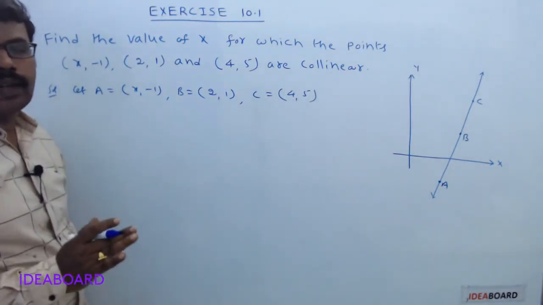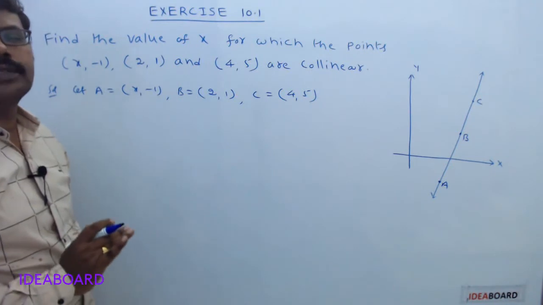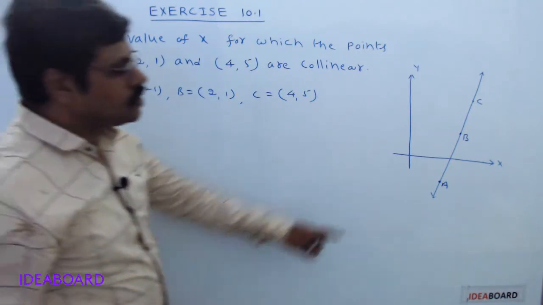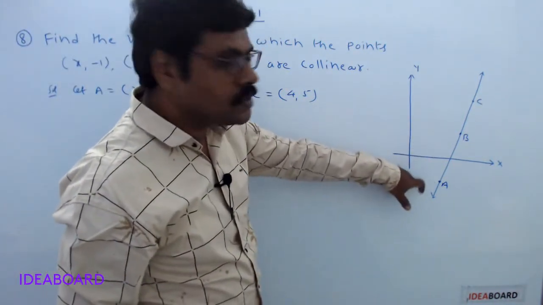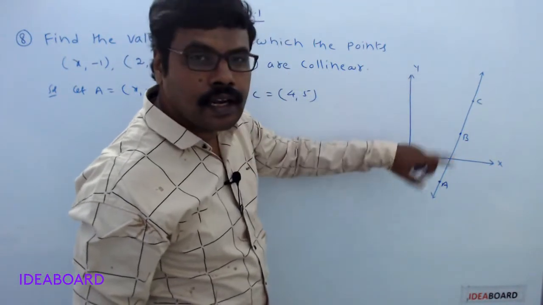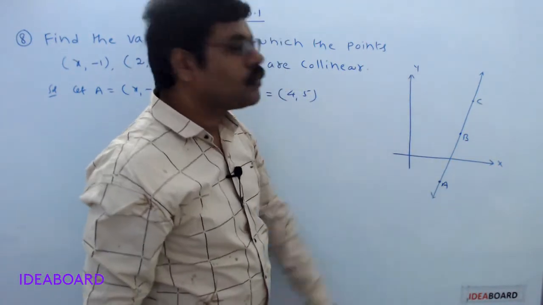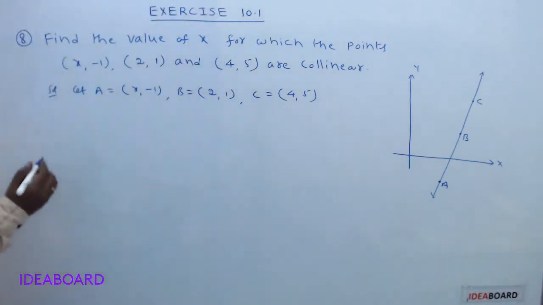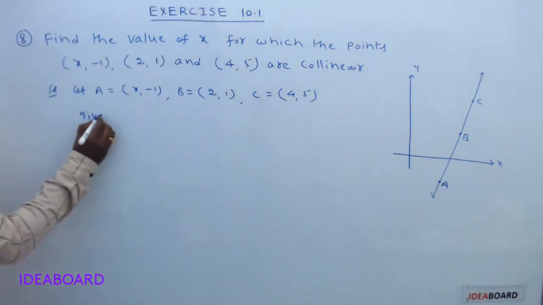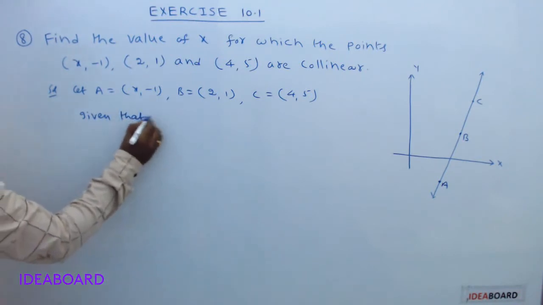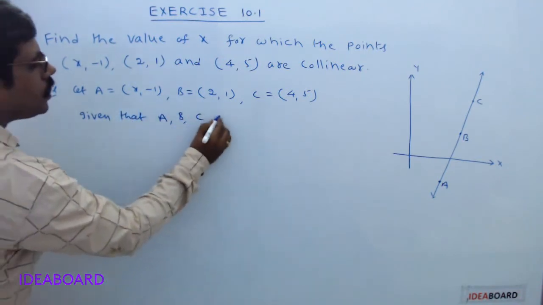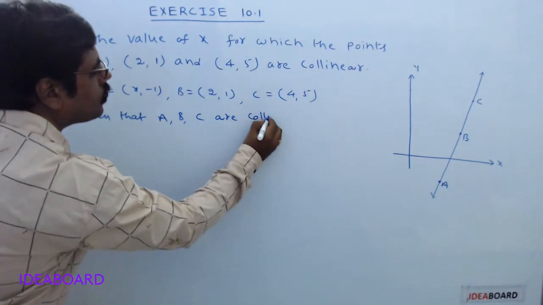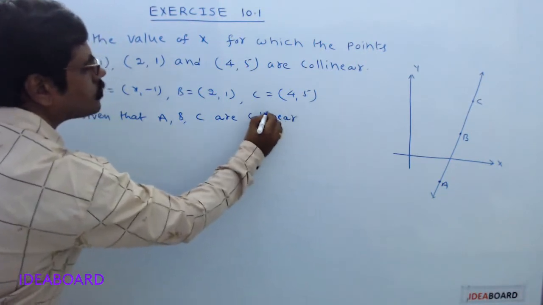If 3 points are collinear, then their slopes are equal. It means slope of AB is same as slope of BC, that equals slope of AC. Now use that formula. Given that A, B, C are collinear points.